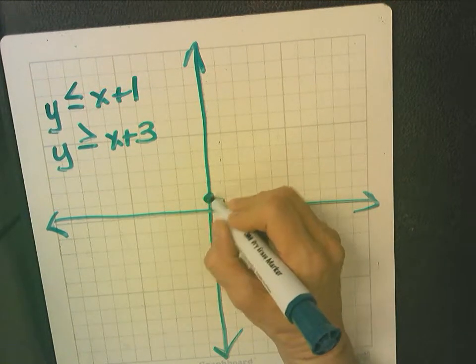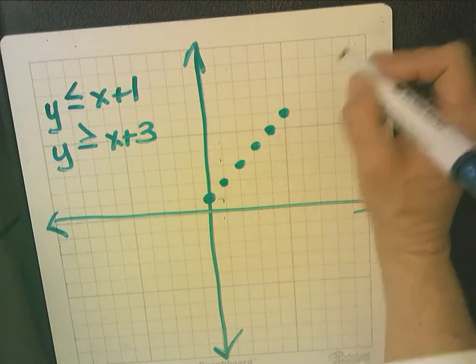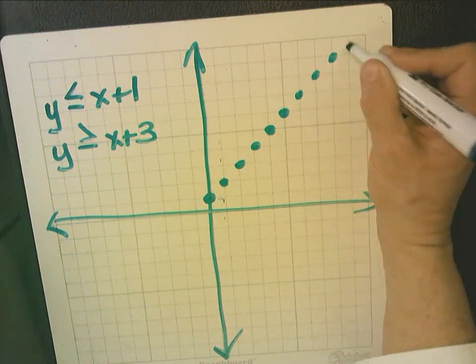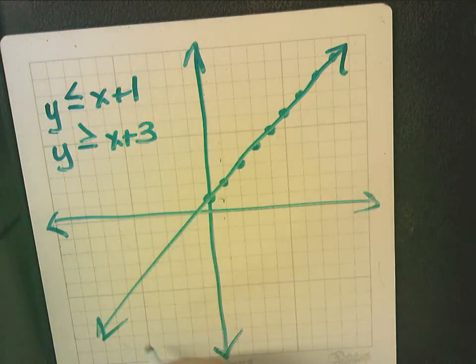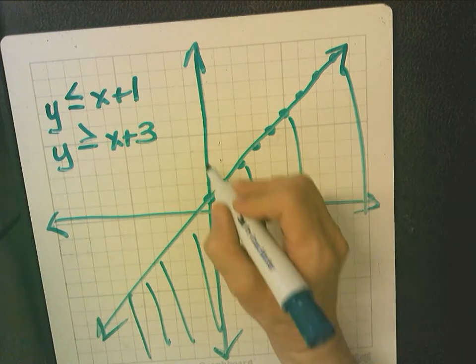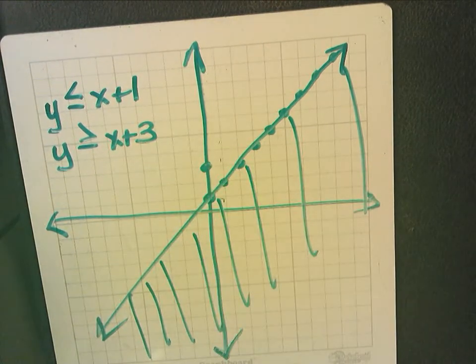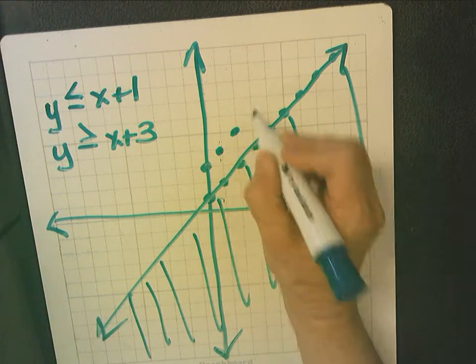I'm going to go up 1. So this is one of them. And it's less than, so I'm going to shade this way. And then I go up to 3 is my y-intercept, and now they're going to be parallel.